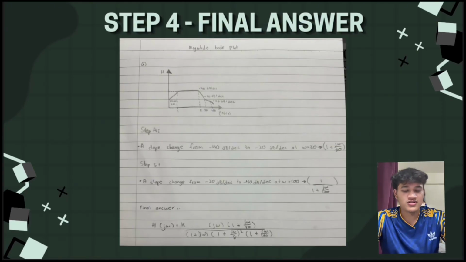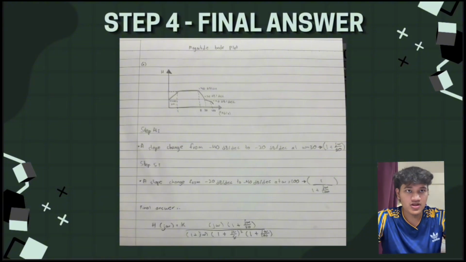For step 5, we analyze the change at omega 100 radian per second. At omega 100 radian per second, the slope changed from negative 20 decibel per decade to negative 40 decibel per decade, so the slope decreased by another 20 decibel per decade.